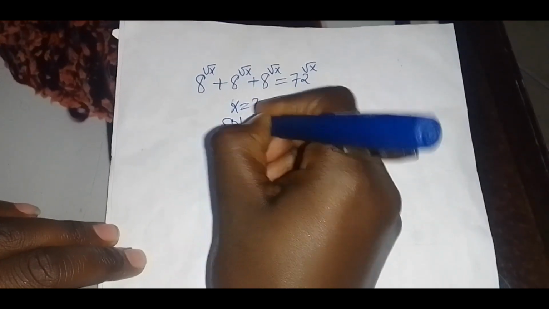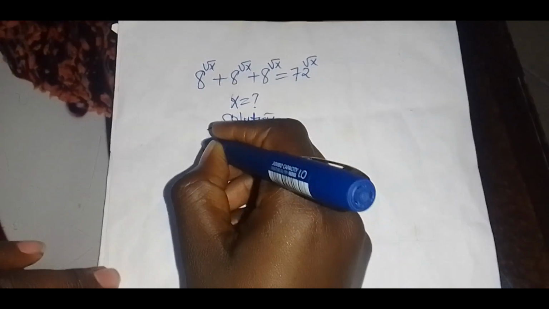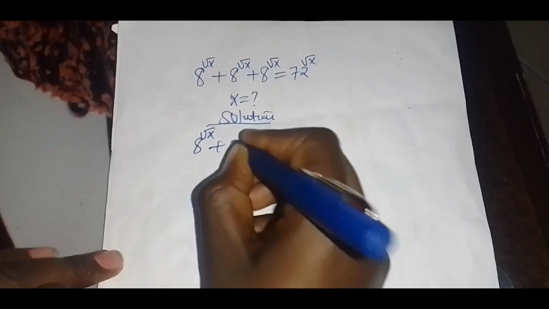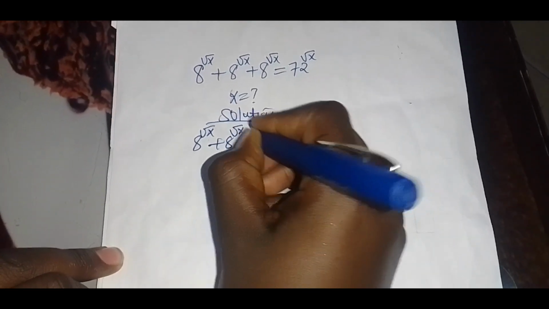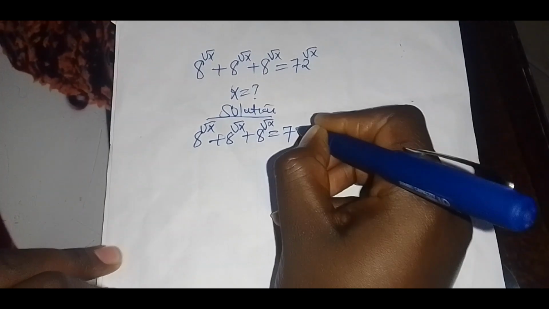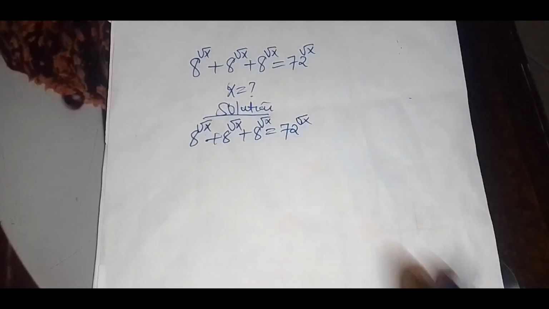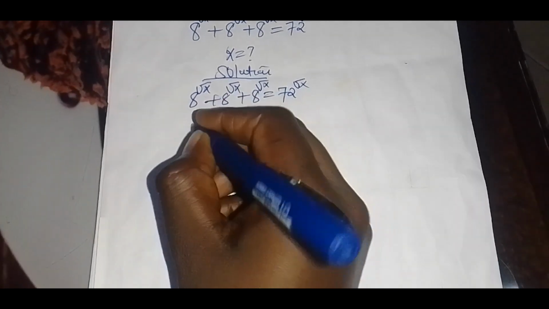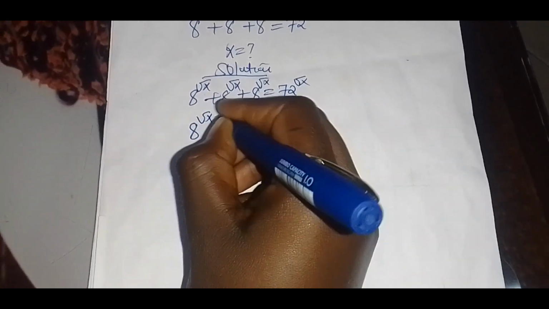Now solution, we have 8 raised to power root x plus 8 raised to power square root of x plus 8 raised to power square root of x. This is supposed to give us 72 raised to power root x. Since the three are common, we can factor out 8 raised to power root x.